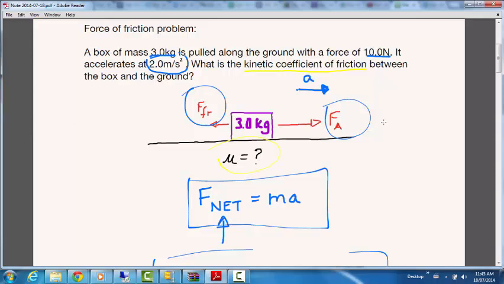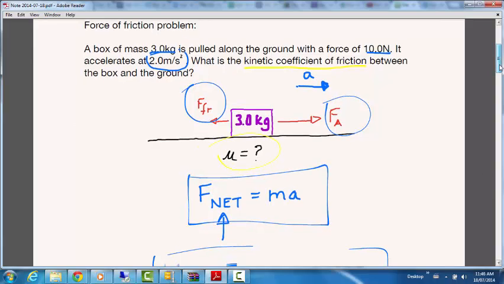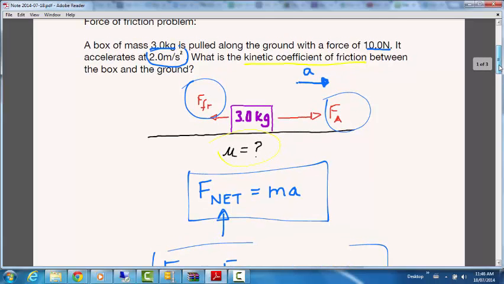We start off with this equation. And the reason why I'm starting off with that equation is because the problem mentions that the box accelerates, and any object that accelerates, we can apply this formula to. We can start off with it, see if it's applicable in this particular situation, just because of the mere fact that acceleration is mentioned.